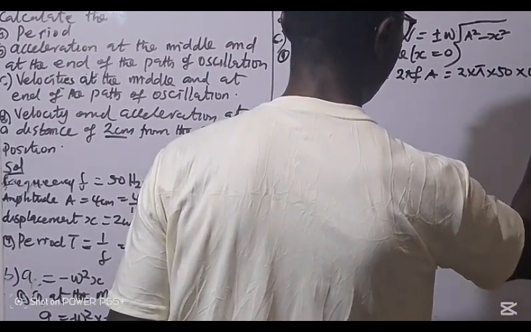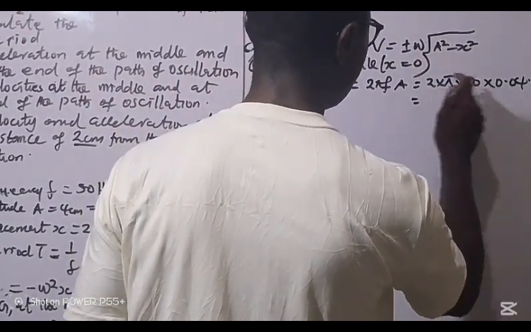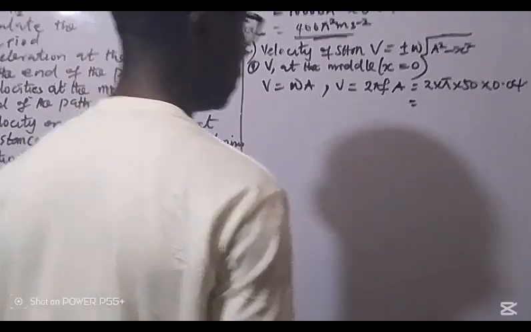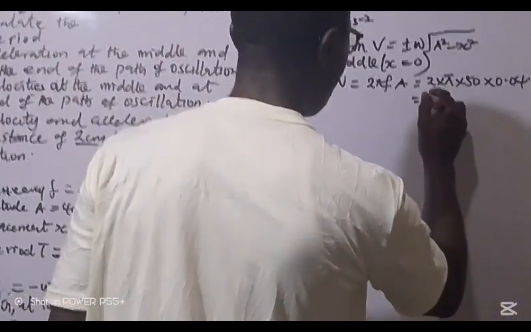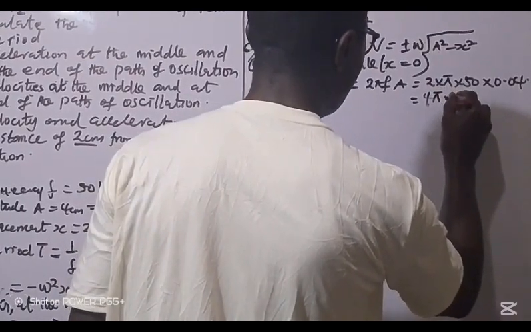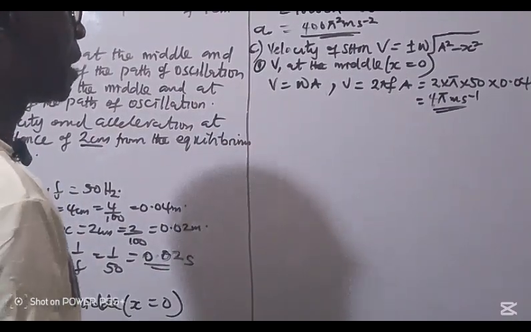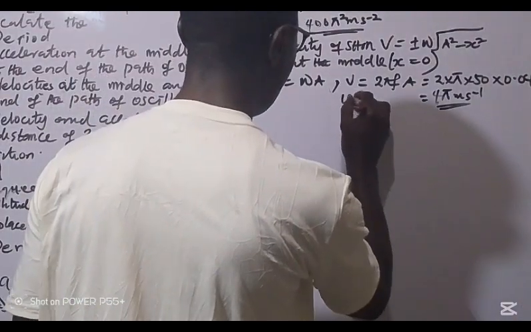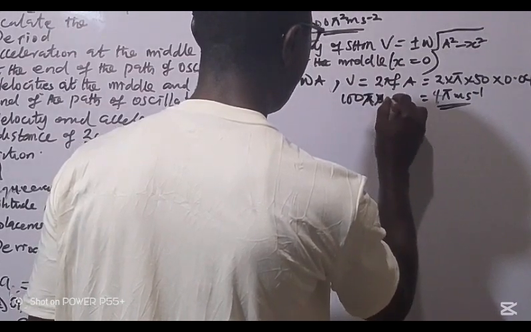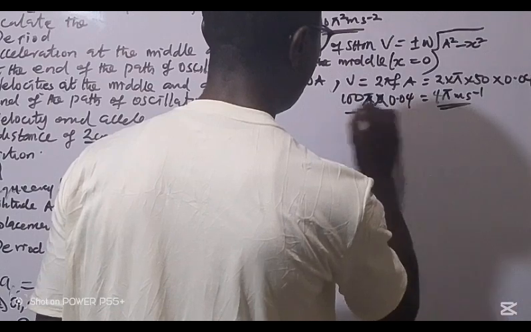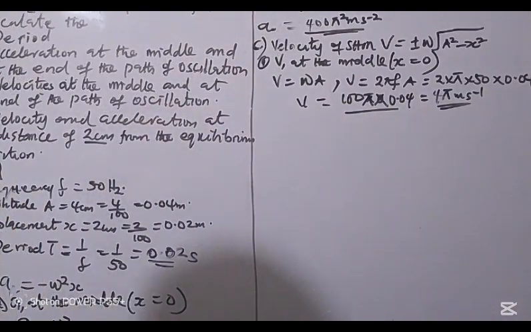That is 2 multiplied by 50, that's 100. 100 pi multiplied by 0.04, so the answer will give us 4 pi meter per second. That is the velocity at the middle.